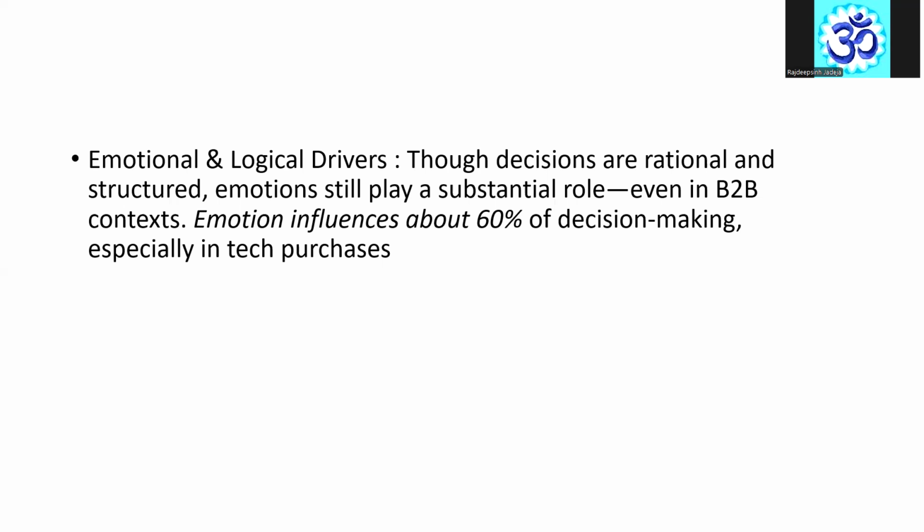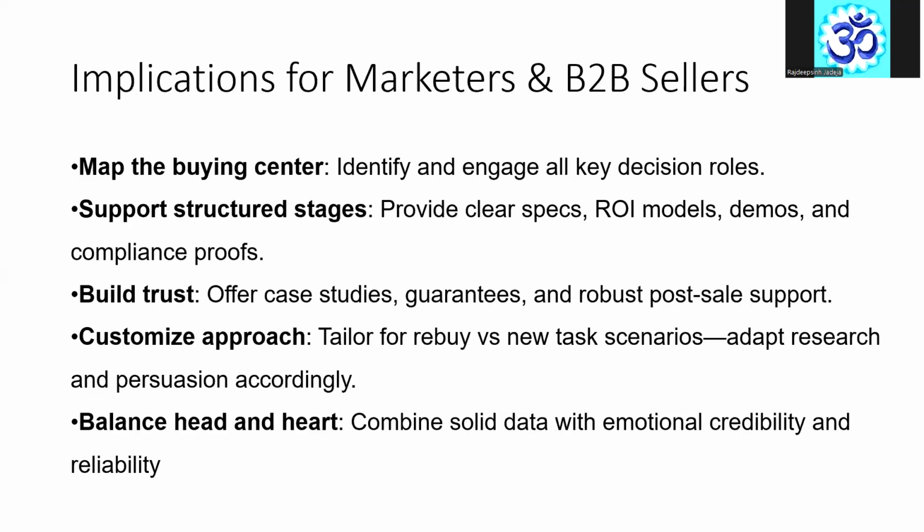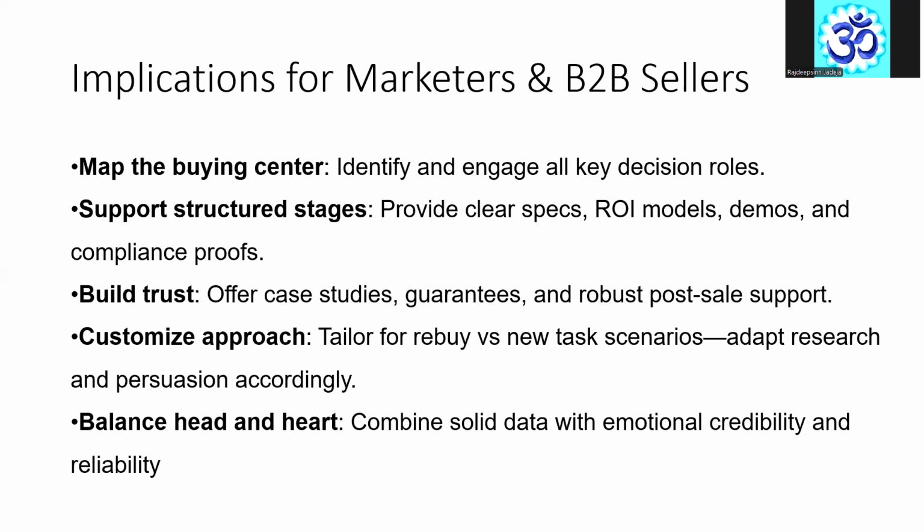No matter how AI takes over the technology and the work, the human element is irreplaceable. So with this, there is an implication for marketers and B2B sellers. We complete this one and then we complete our unit number 3.